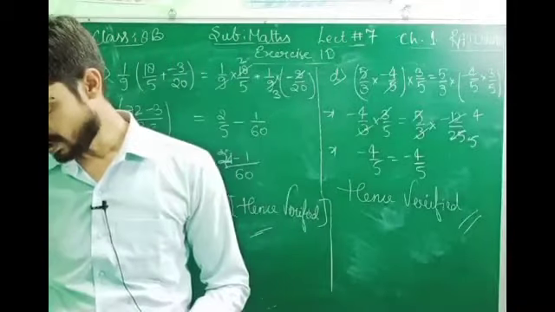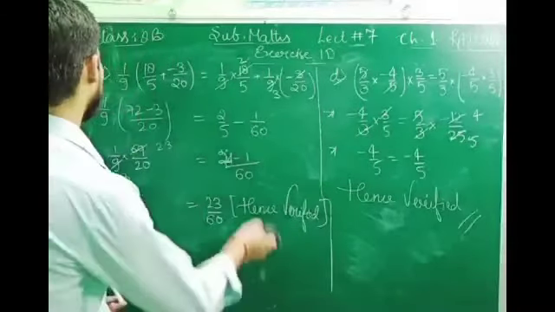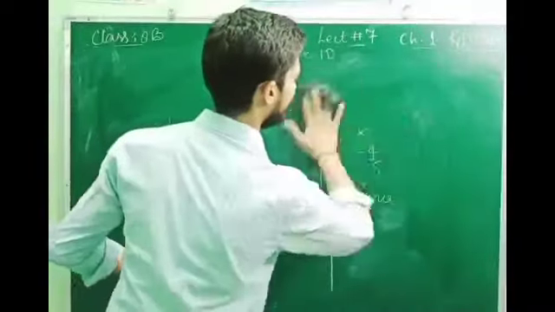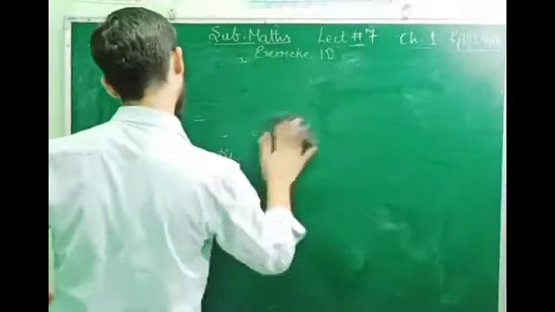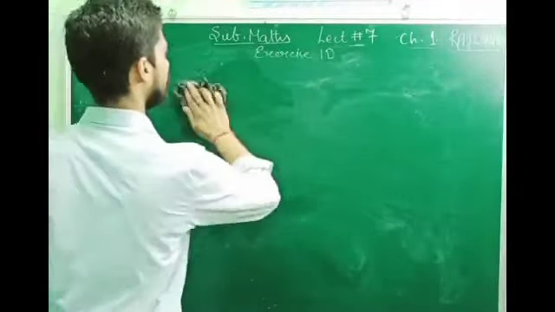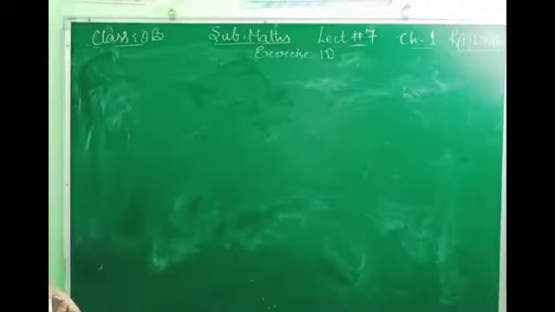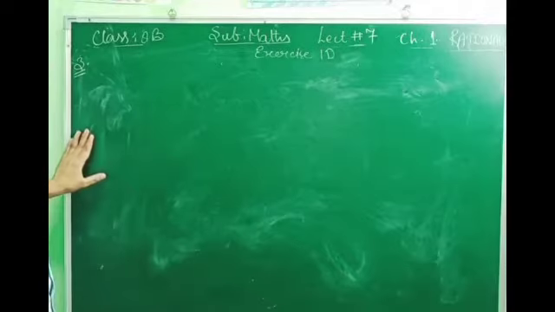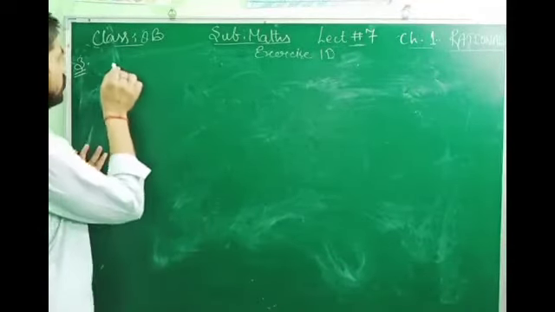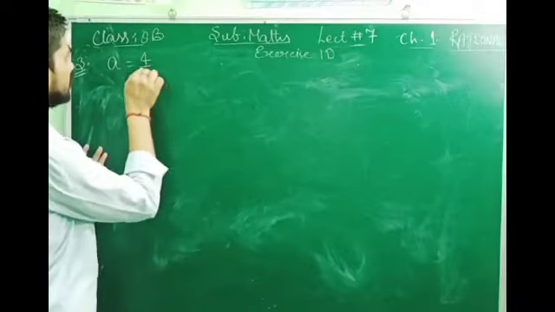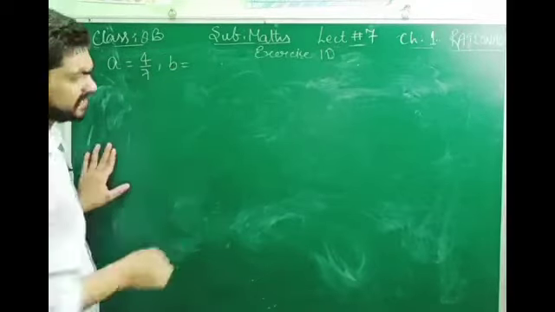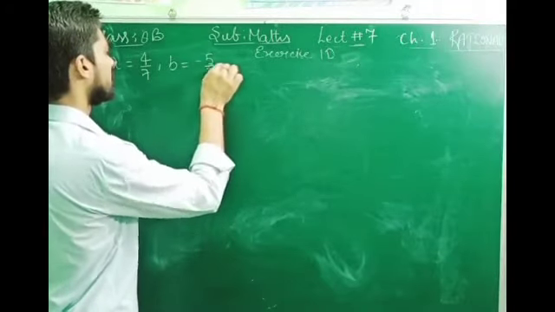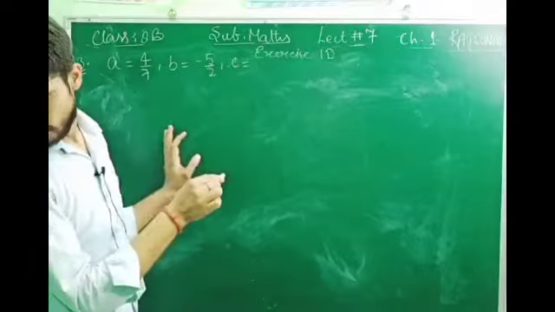Likewise, try to finish the questions of this question number 2 part. Question number 3 I am taking and going to solve for you. Question number 3 is taking A equal to 4 by 7, B equal to minus 5 by 2, and C equal to 4 by 3.